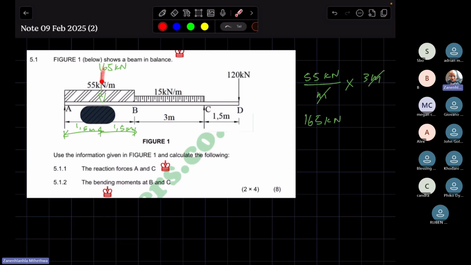So the weight of the UDL acts at half of its span. Seeing that the span of the UDL is 3 meters, it means this here is acting at 1,5 from either side of the UDL. Are we clear?